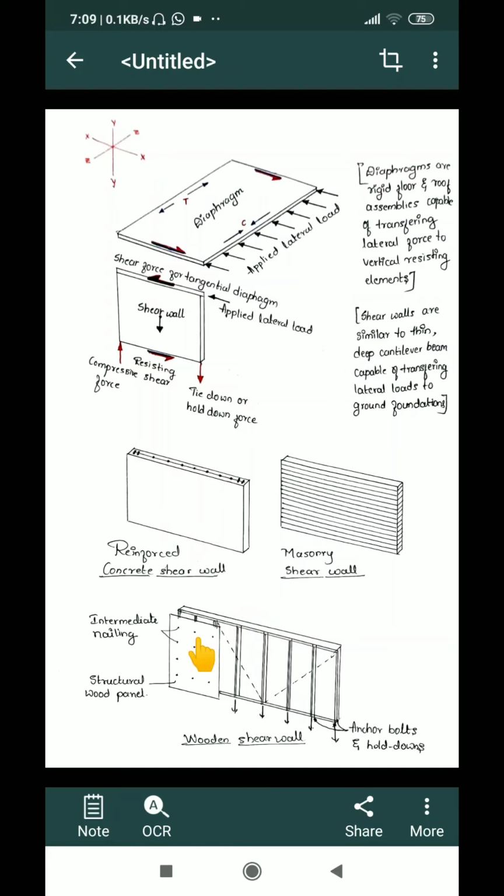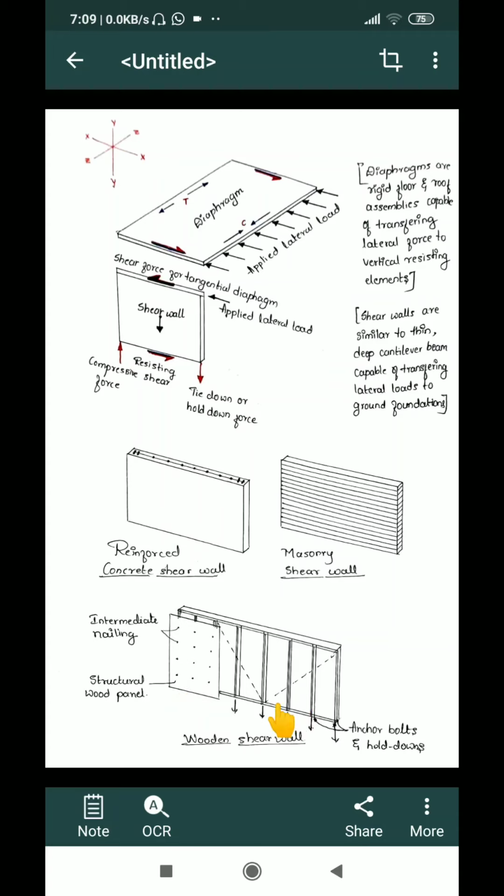If it is a wooden shear wall, there will be a frame, then the strengthening stiffeners. These stiffeners are anchored, bolted or held down at the bottom so that the shear wall is not lifted up. Then the shear wall is covered with a structural wooden panel, and these panels are nailed to the intermediate stiffeners.